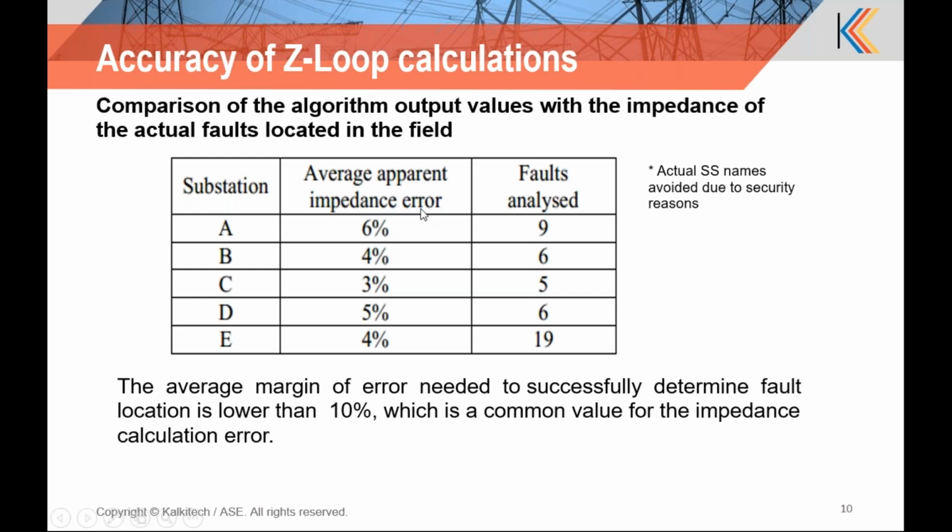You can see the error average is within 5%, and normally it is prescribed as 10%, and we are able to reach within 5% accuracy for loop impedance calculations.